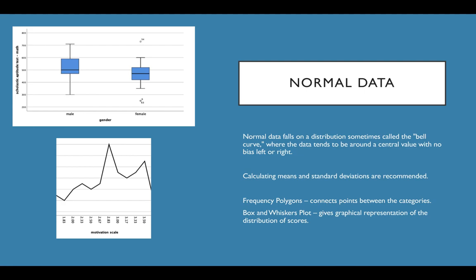Calculating means and standard deviations are recommended here, and presenting it with frequency polygons, which connects points between categories, and box and whisker plots, which gives graphical representation of the distribution of scores.